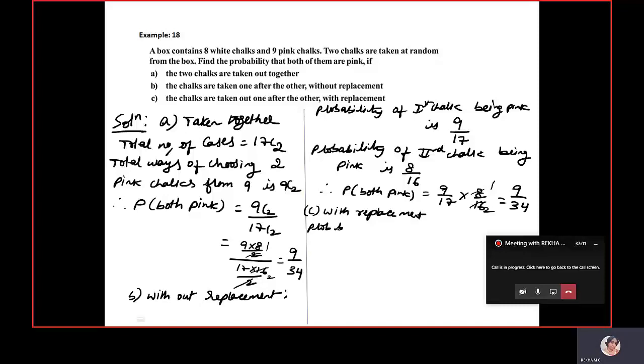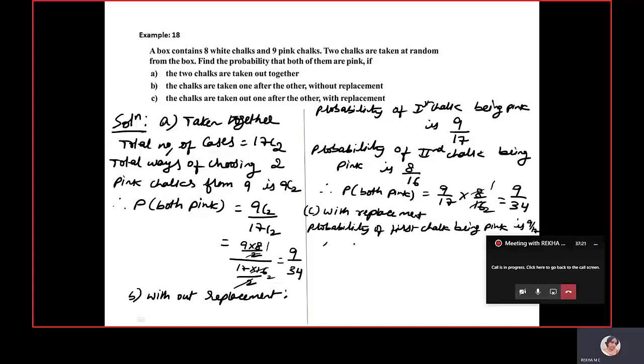Last subquestion, that is C, with replacement. So the probability of the first chalk being pink is 9 by 17.